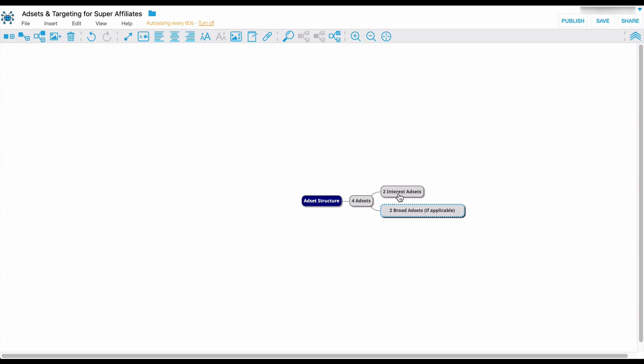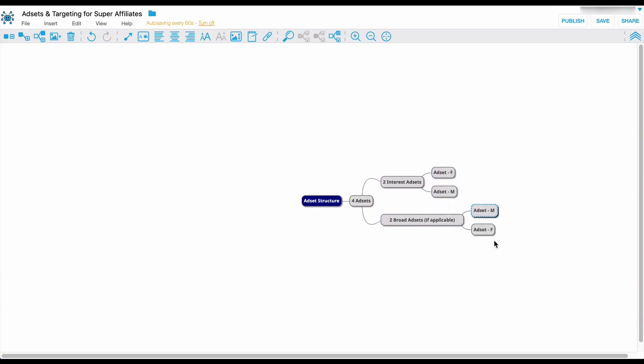Most cases they're going to be 2. If they're 2 ad sets, most likely they're 2 interest ad sets. And by 2 ad sets within that, that's going to be ad set female, ad set male. Okay, and then the same will apply for the broad, right?